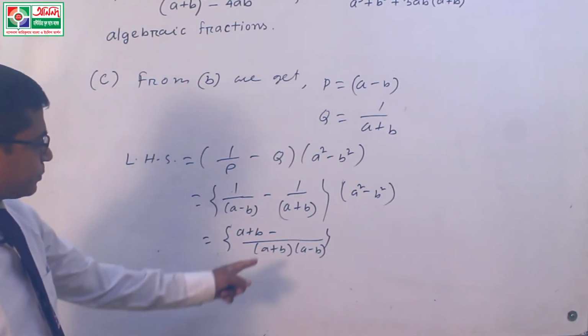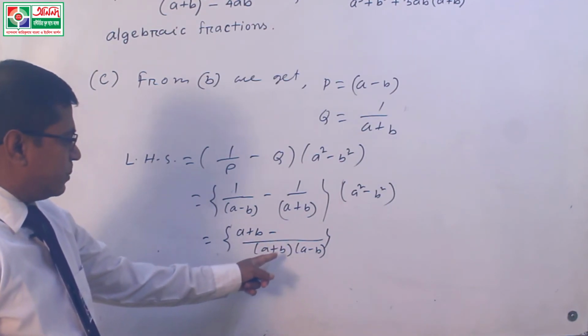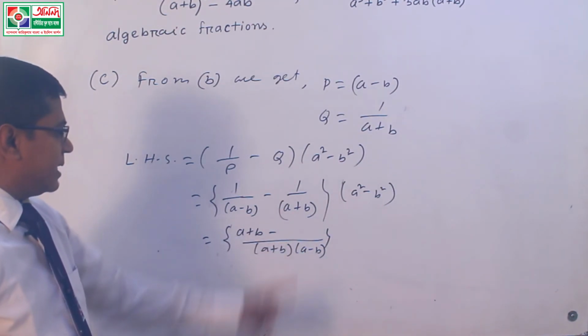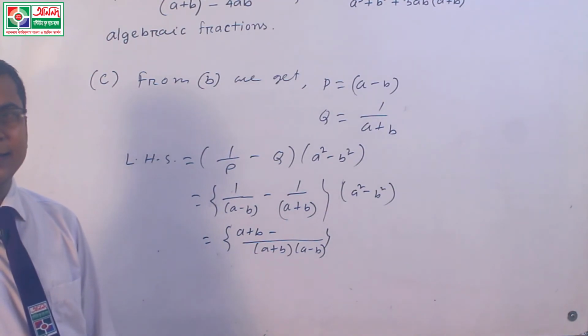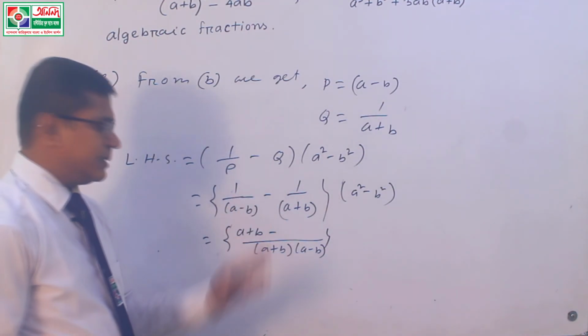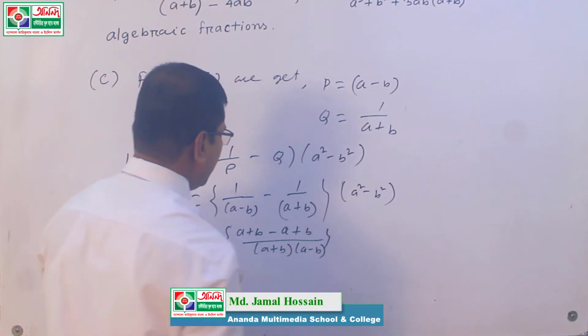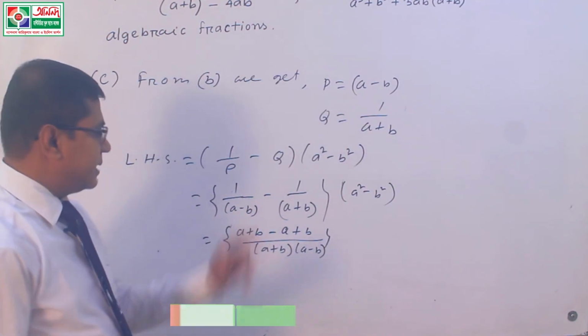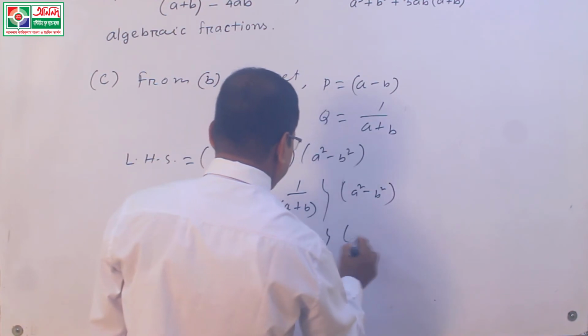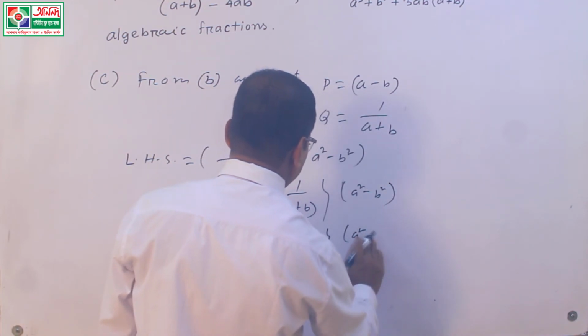Here look at, if you divide a plus b into a minus b by a plus b, you can get a minus b, and if we multiply it by minus, then you can get minus a plus b, because the minus sign is present. So you can write here a square minus b square.